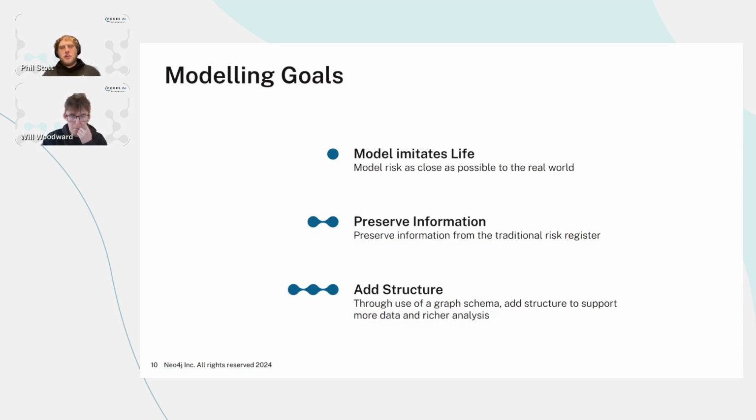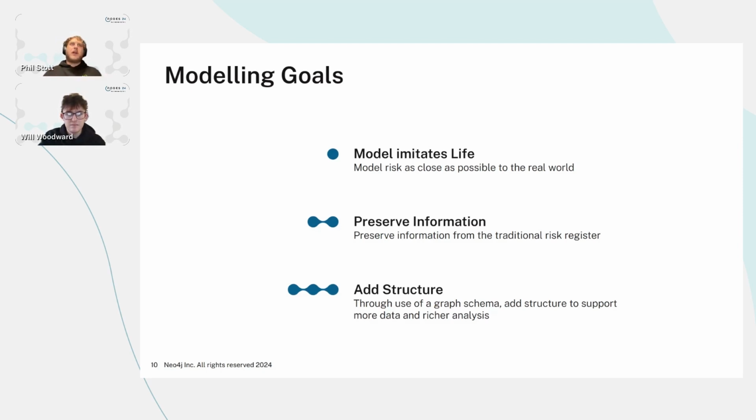As I mentioned, it's about preserving the information in the risk register. Changing the risk register and the information within it is out of scope here. It's about preserving the information we have in the traditional register and looking at that in new ways. And part of that, therefore, is adding structure to that data through the use of the graph schema.